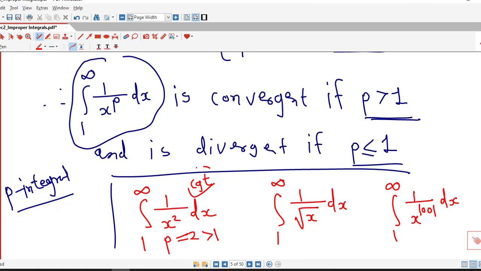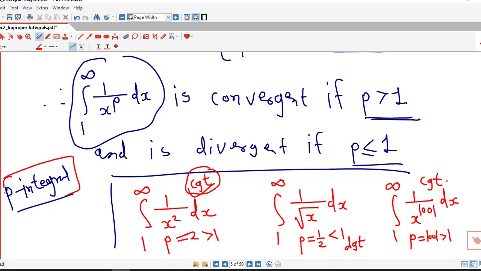Here P is 1 by 2, which is less than 1, so this integral is divergent. Here P is 1001, which is greater than 1, so this integral is convergent. So using this P integral, we can directly determine the convergence or divergence of integrals of the type 1 over x raised to P from 1 to infinity dx.